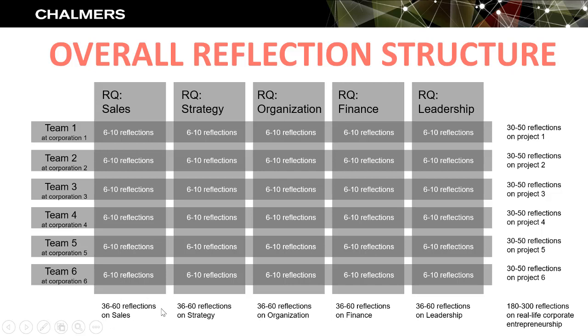So we're going to get between 36 and 60 reflections on sales, the same amount of reflections on strategy, and so on. And we're going to have between 30 to 50 reflections on each of the 6 projects. And in total, this becomes between 180 and 300 reflections on real-life corporate entrepreneurship, with causation-based data where a cause can be connected to an effect based on what actually happened in real life.